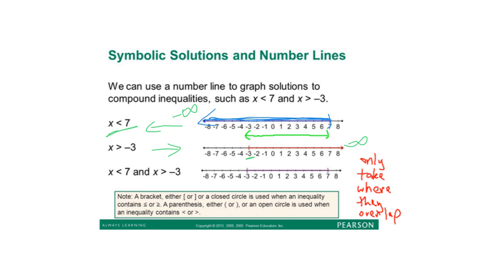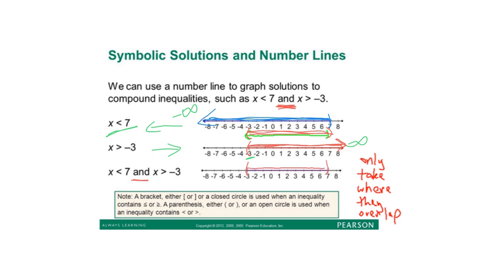If you look at the red on the second one, they're going to go all the way to positive infinity. But because we have the word and, we only want the numbers that fit on both of those. Well, the numbers that fit on both of those is right here in the middle. These are the numbers between negative 3 and 7, numbers that are on both of those number lines. And since it's and, that's what we're going to take.